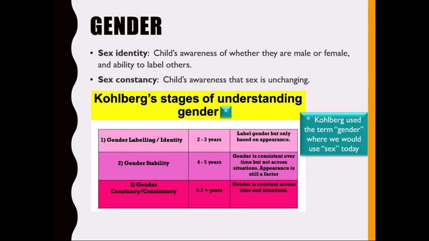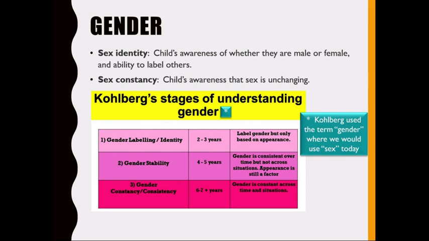Number one, our first stage, when we're 2 to 3 years old, children are able to label a person's sex, but only based on appearance. They'll oftentimes cue on very superficial indicators: hair length, style of dress, whether they're carrying a purse or not. So they can label based on appearance.